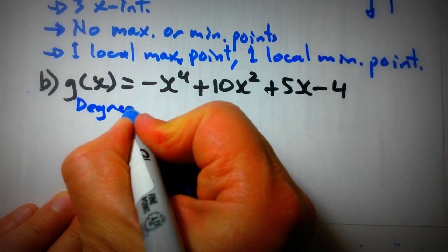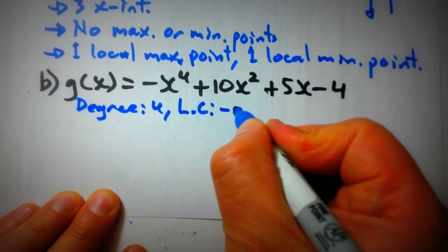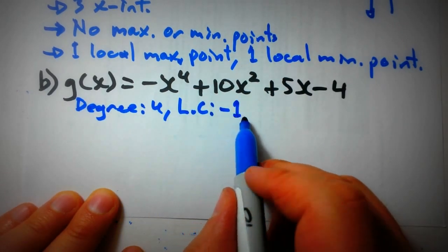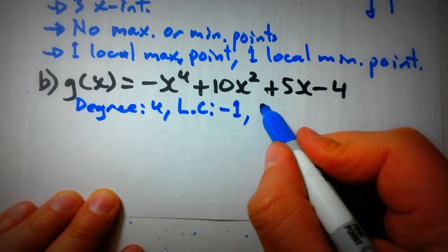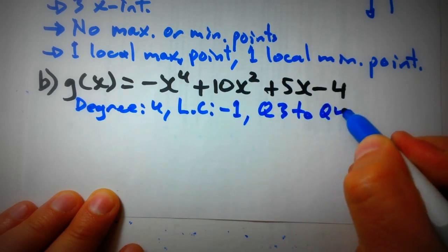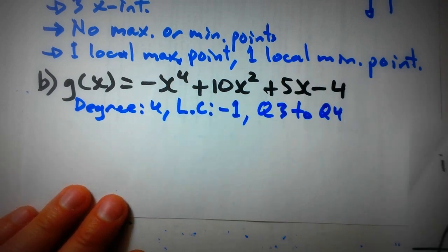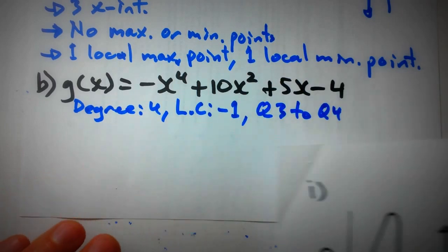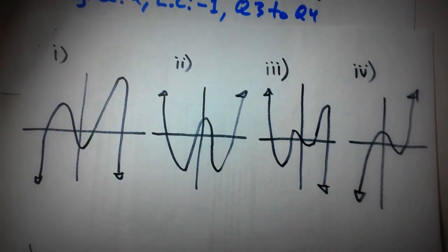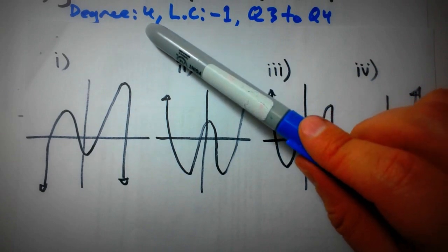It has a leading coefficient of -1, and since it's an even degree function with a leading coefficient of -1, this function moves from quadrant 3 to quadrant 4, which is the normal behavior for an even degree function with a negative coefficient. So which of these four matches our x to the power of 4? And we expect to have at least about that number of x-intercepts.